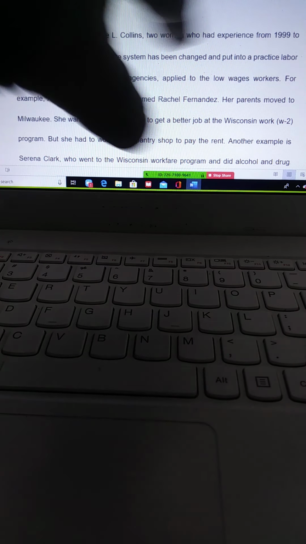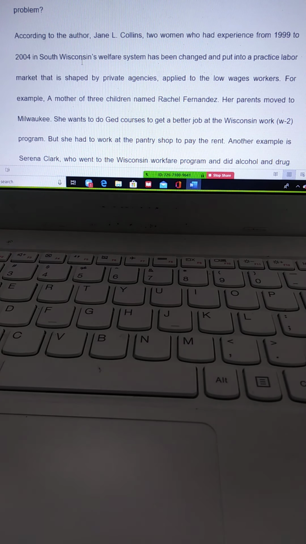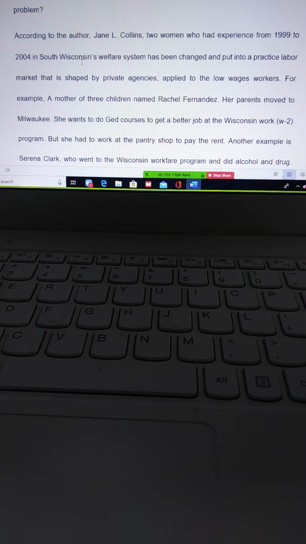See, it seems like you're trying to talk about the women and the welfare system at the same time, but what you want to do is talk about what the women's experience was, and then what the welfare system was, was it good or was it bad for them? How did the welfare system affect them? Because you're right. So you mentioned the two women in South Wisconsin. The author actually interviewed two women, and they gave their information, like experience of the welfare system doesn't work for them. Right. Yeah. So that's what it looks like you're stating here.